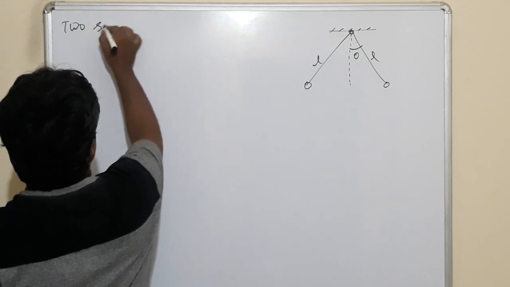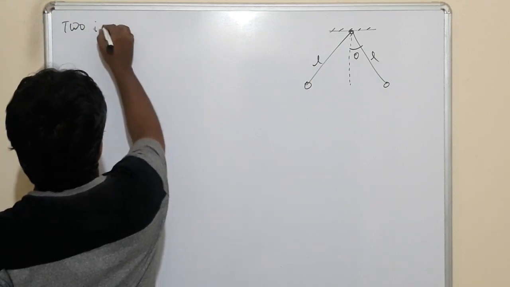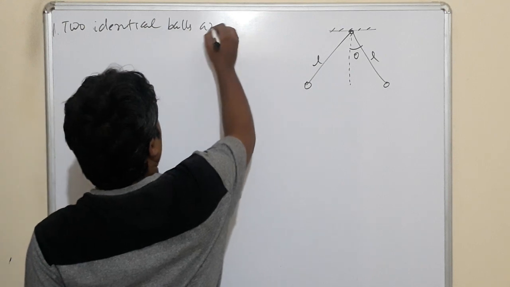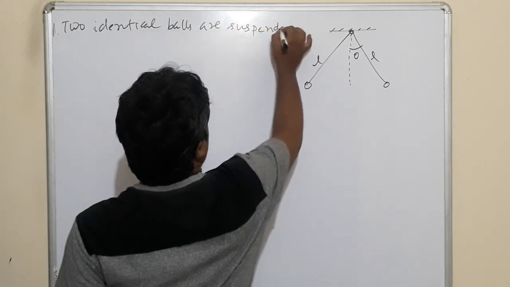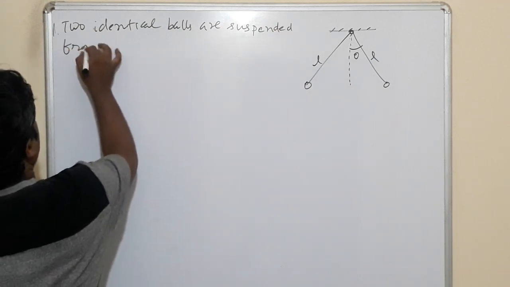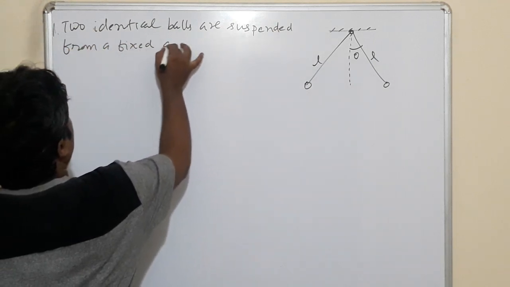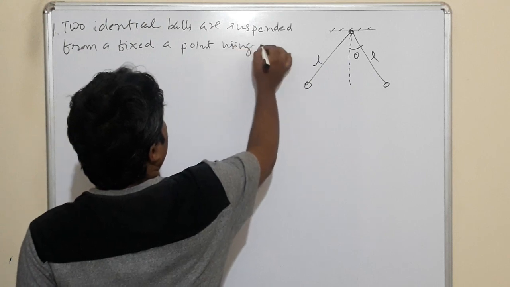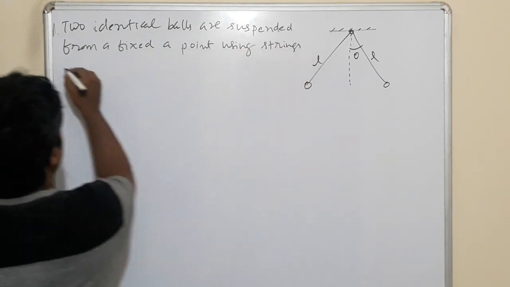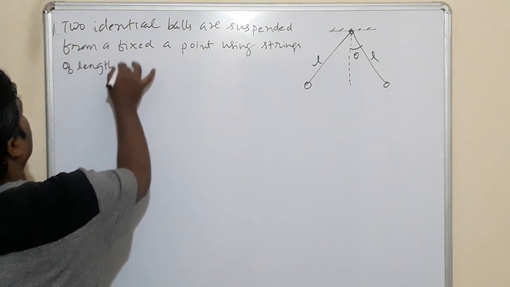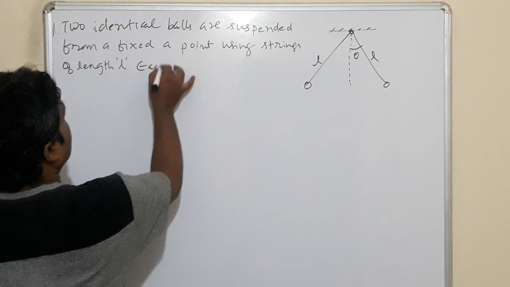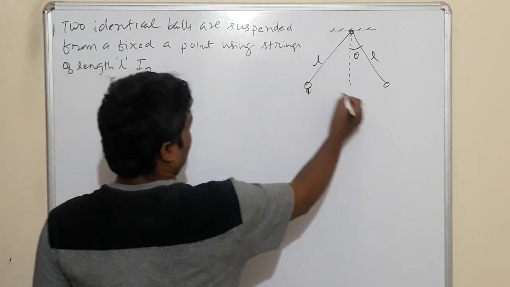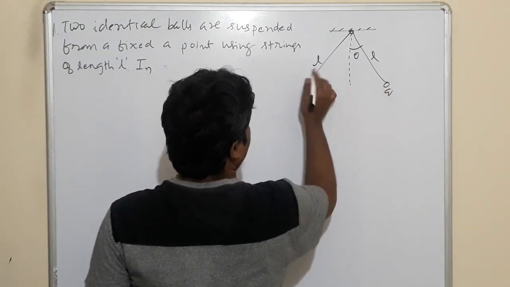Example number 1: two identical balls are suspended from a fixed point using strings of length L. In equilibrium, the charges are Q and Q, and the masses are M and M.